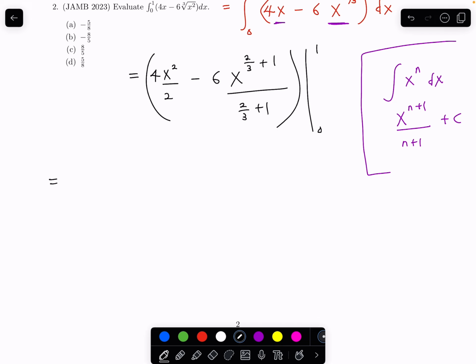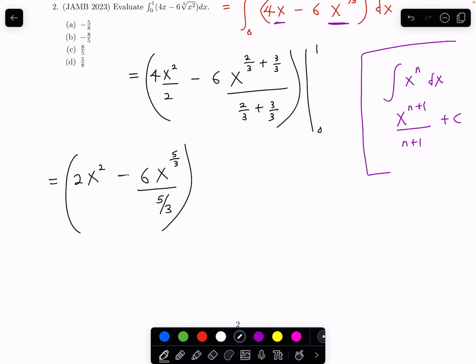If I simplify the first term, I'm going to have 2x squared minus 6. If I rewrite my 1 as 3 over 3, this becomes 5 over 3 divided by 5 over 3, right?